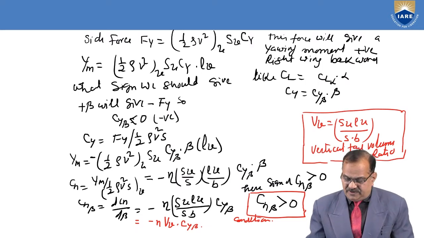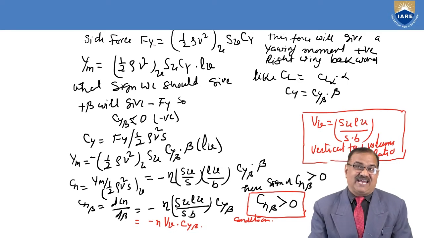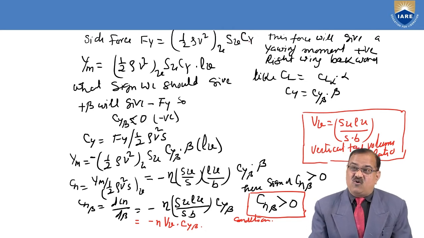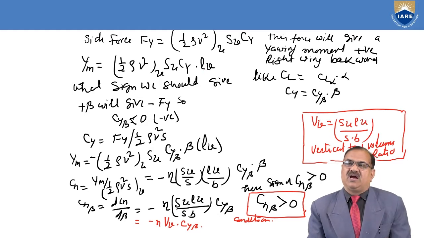In the previous diagram, we saw that Fy, the force in the y direction, is half rho V squared into Sv, where Sv is the area of the vertical tail, and Cy. This Cy is the coefficient of force in the y direction. So Ym is equal to this force into lv. lv is the distance from the AC of the vertical tail to the x-axis.